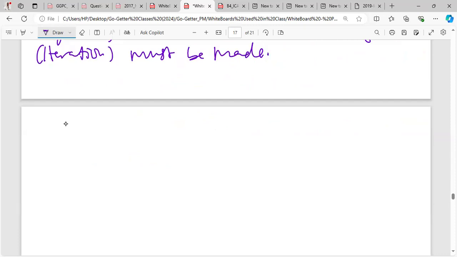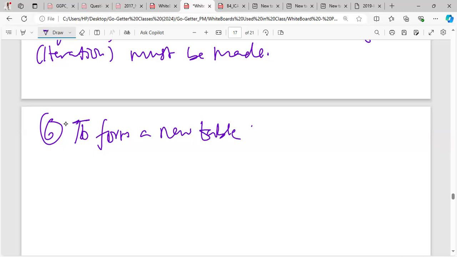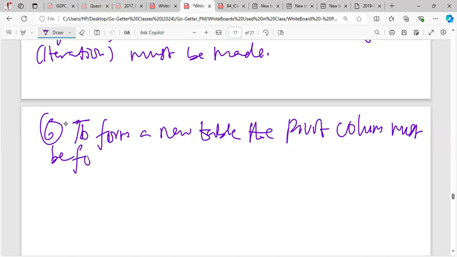Sixth one, to form a new table, the pivot column must be found first.